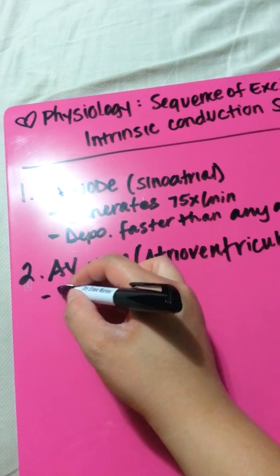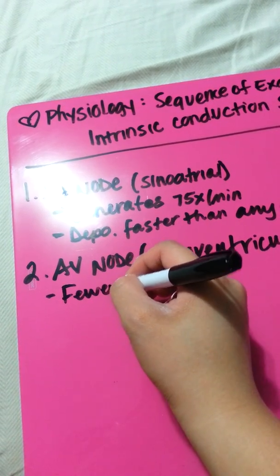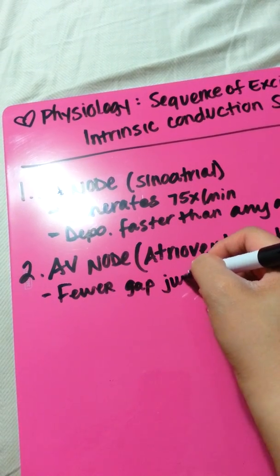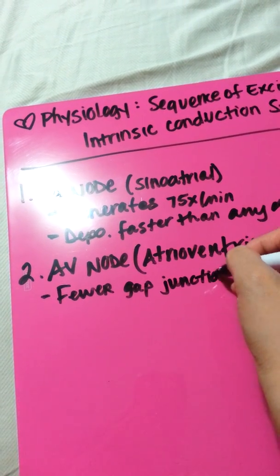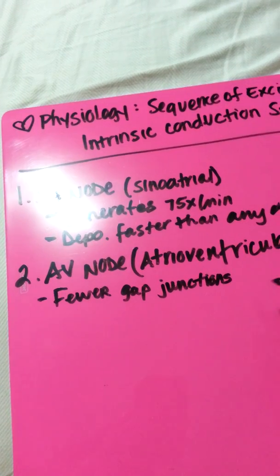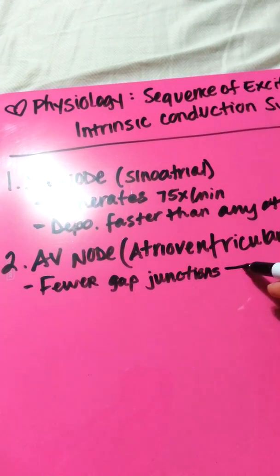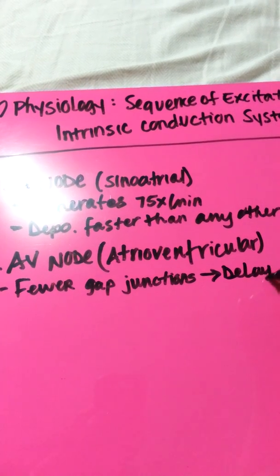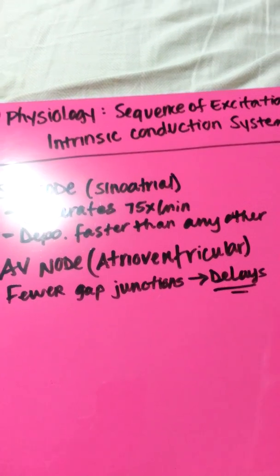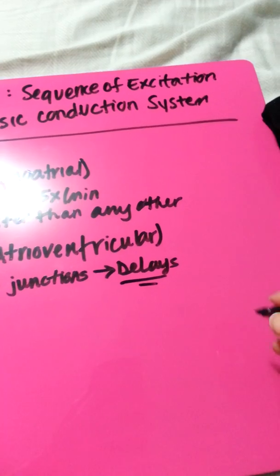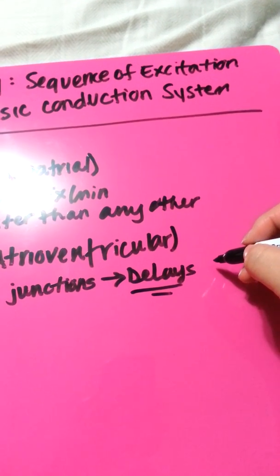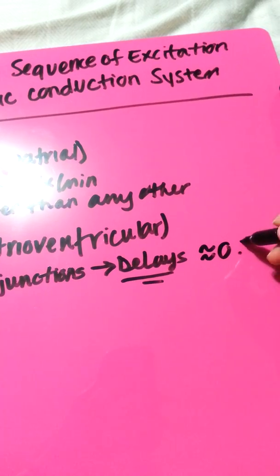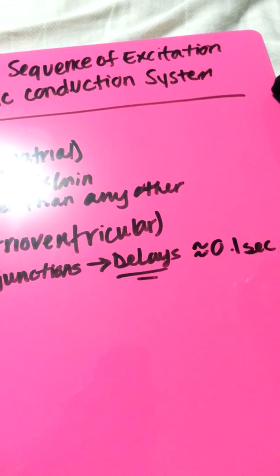It has fewer gap junctions, which delays, this is the important part, it delays impulses for approximately 1/10 of a second.